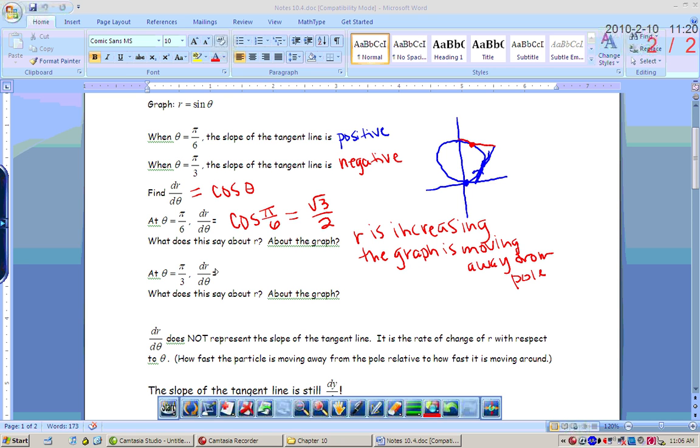Okay, and then at pi over 3, dr d theta will equal the cosine of pi over 3, which is 1/2. So what can you tell me about r at pi over 3? Yeah, r is still increasing.